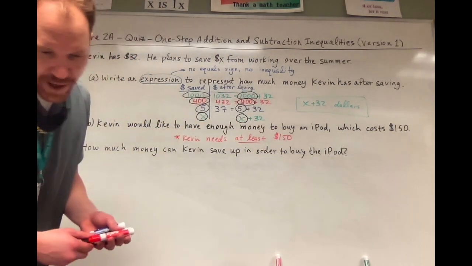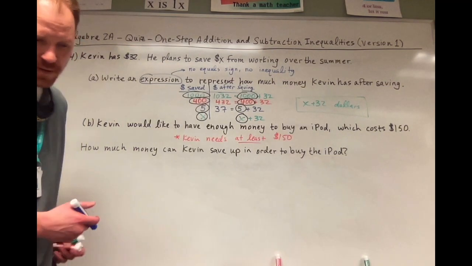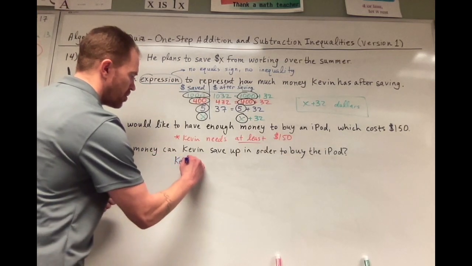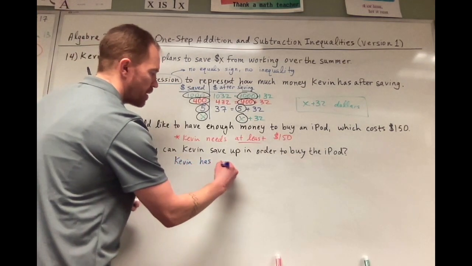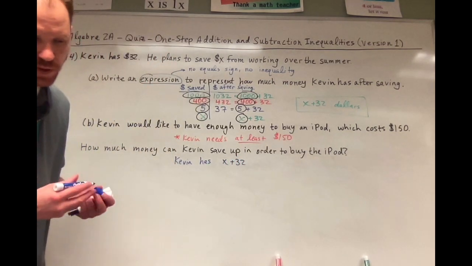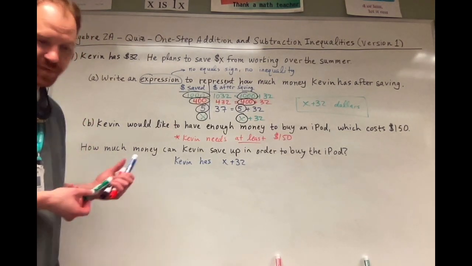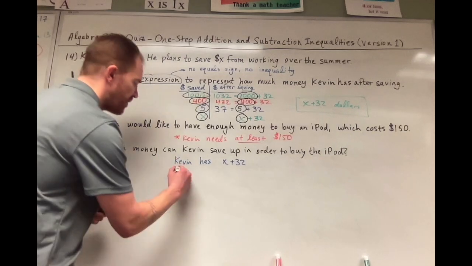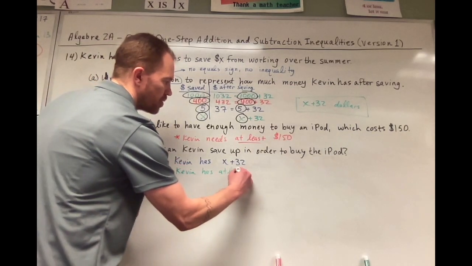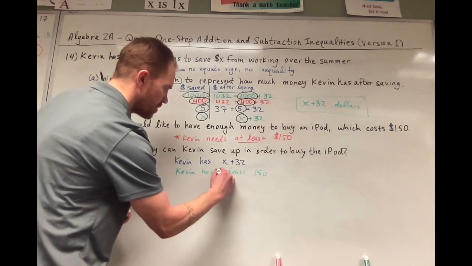So breaking this down, we could say that Kevin has X plus $32. We got that from part A. Kevin has X plus 32. And then to buy the iPod, Kevin has at least 150. And that's two words, by the way, at least.